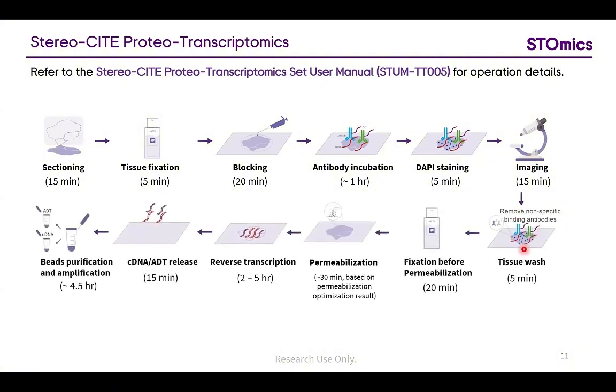Then you will have the tissue wash to remove all the non-specific binding antibodies, and a fixation before the permeabilization. Permeabilize the tissue with the time you optimized previously, and you have a 2 to 5 hours reverse transcription, and you have your cDNA and ADT after the release. We separate them through bead purification, and we have a couple of rounds of amplification before we proceed to the library preparation.